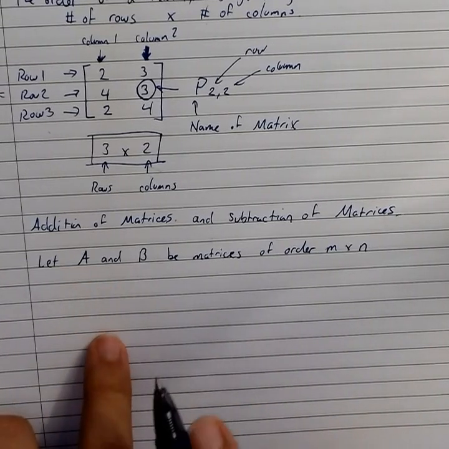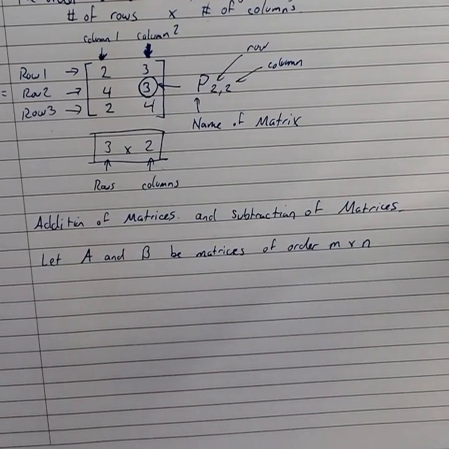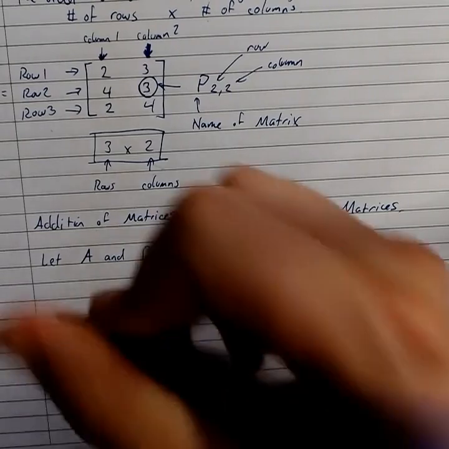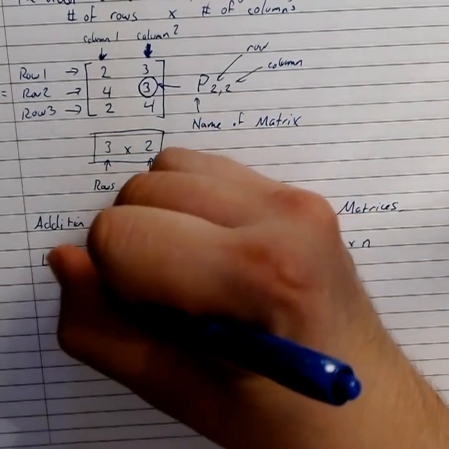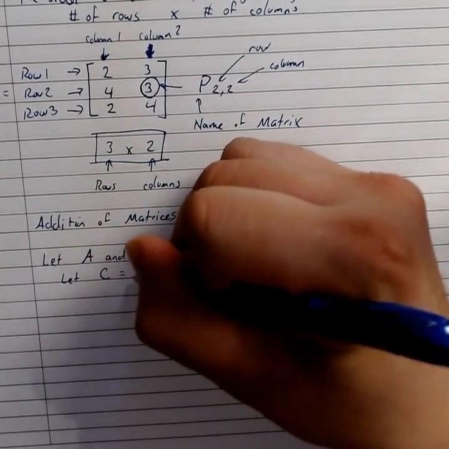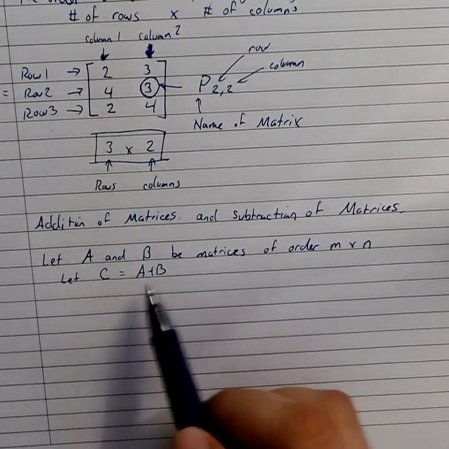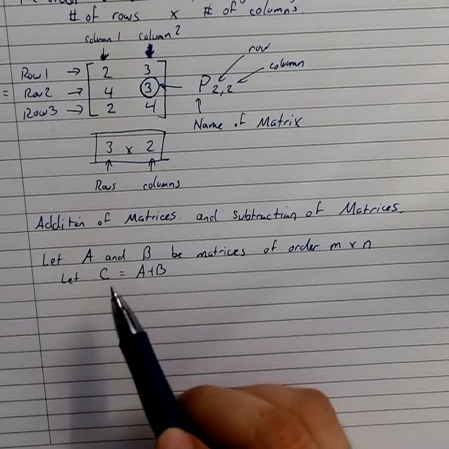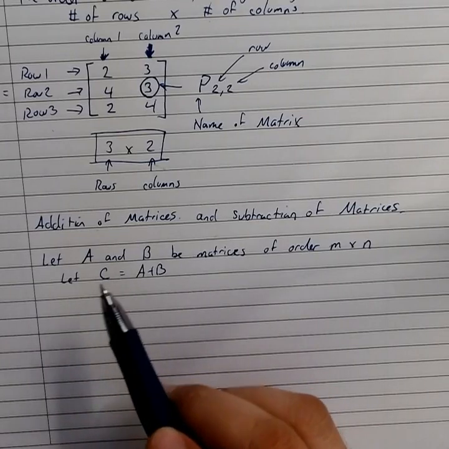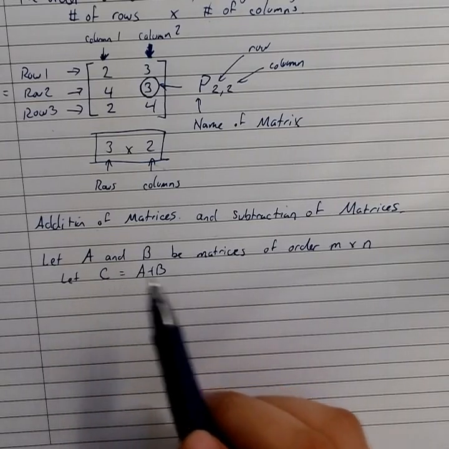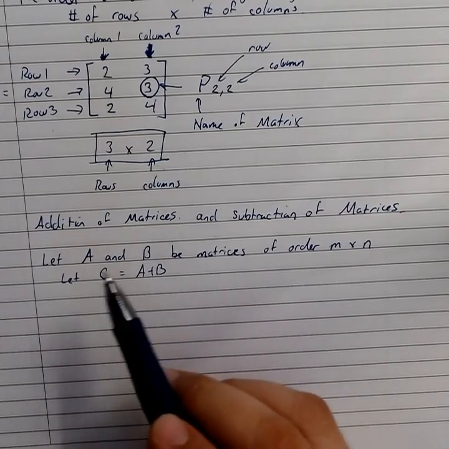Okay? If that's the case, then we can add matrices element by element. That is to say, let C be the sum of A and B. So let's say C is what you get when you add A and B together. Okay, well, that's what we're defining. How do you add these things together to get this?